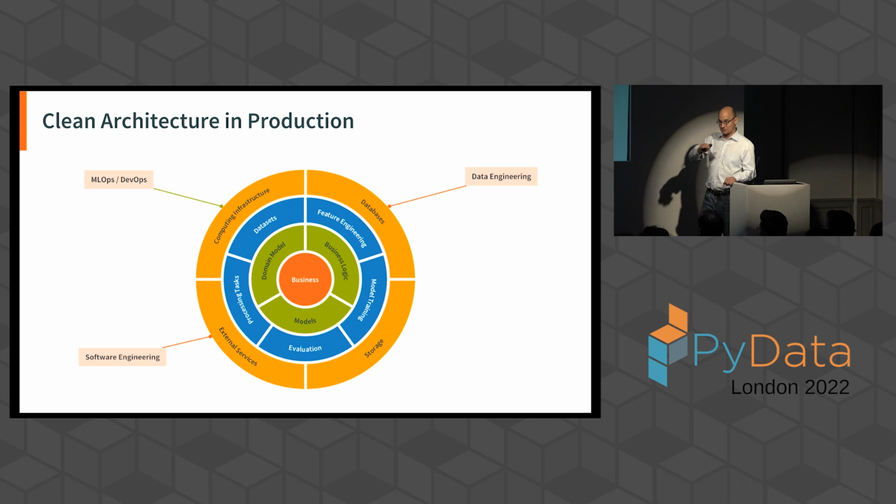Inside your code, how do you structure? Every kind of machine learning product has some kind of business problem at its center. This is why I drew the business problem into the bullseye. This is surrounded by business-specific terminology, the domain model. So, for example, if you deal with customers, you have a customer class.